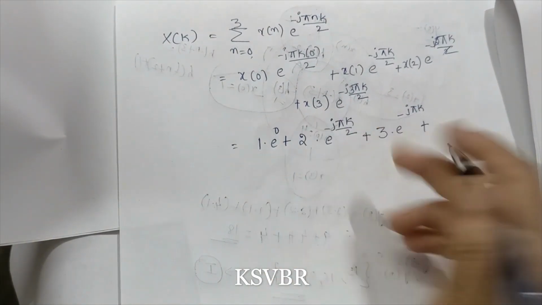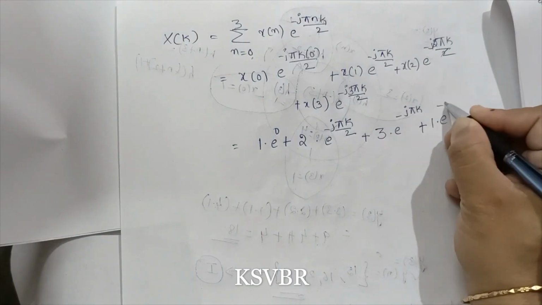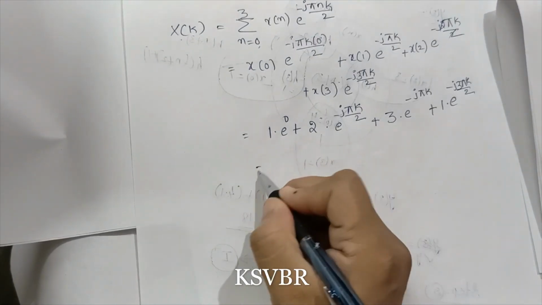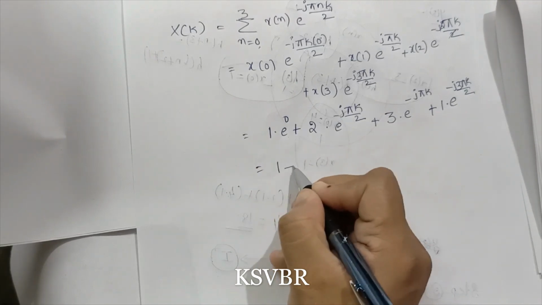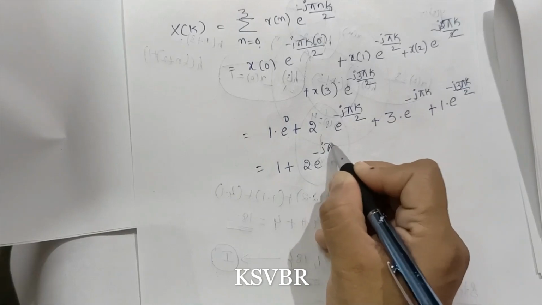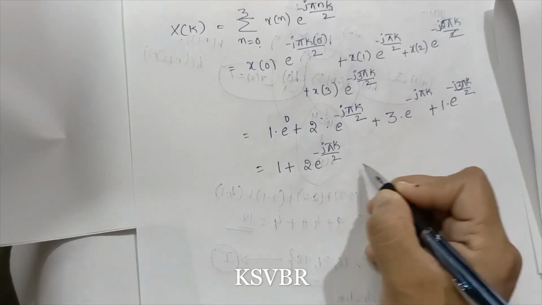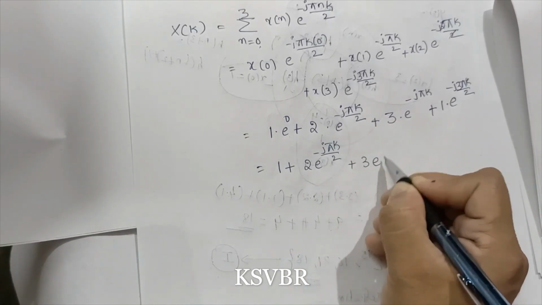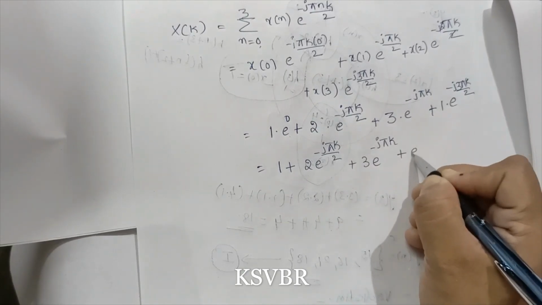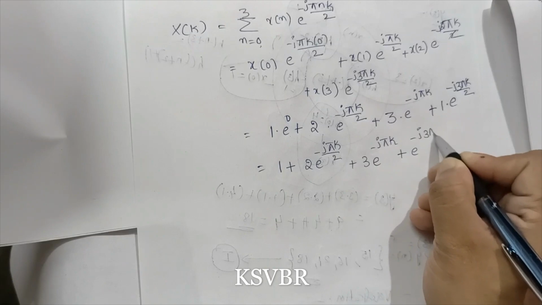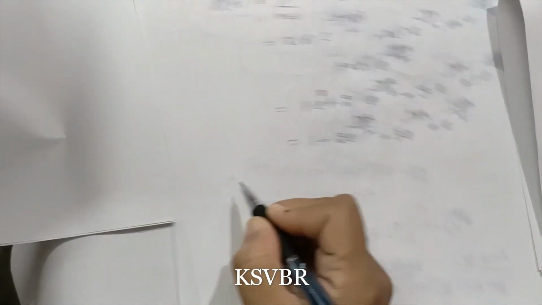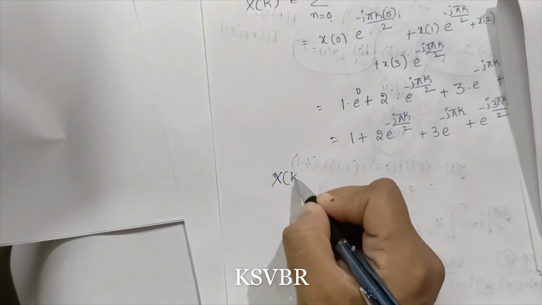X of 3 value is 1, 1 into e power minus j 3 pi k by 2. So that is equal to 1 plus 2 e power minus j pi k by 2 plus 3 e power minus j pi k plus e power minus j 3 pi k by 2. Okay, so this is the equation for x of k.